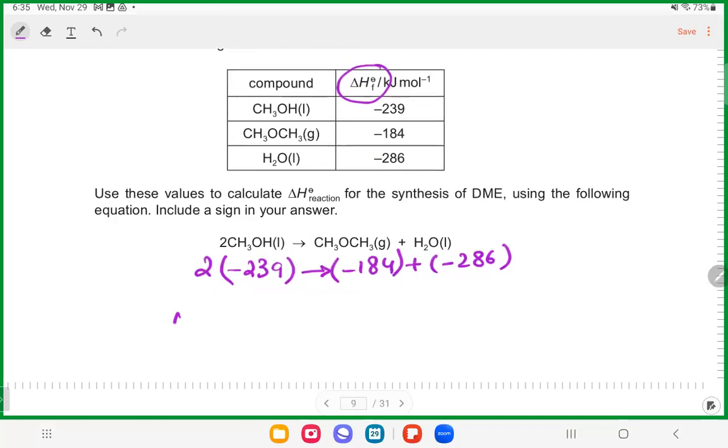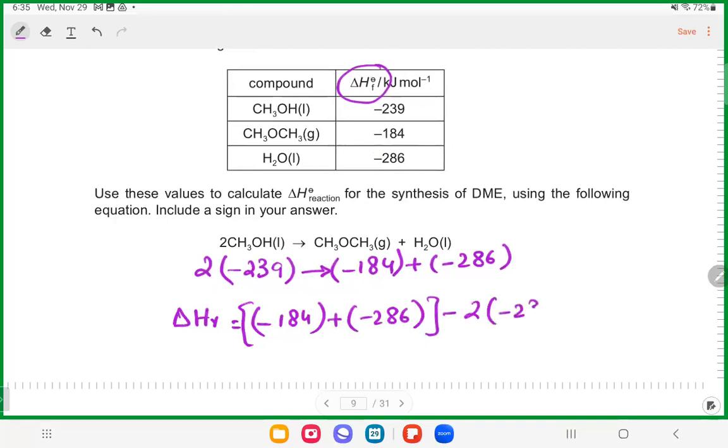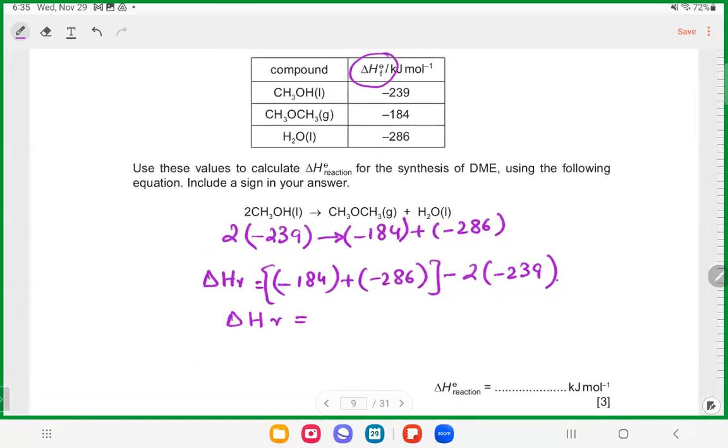Now delta HR, minus 184 plus minus 286, product minus reactant. How much is it coming? Product minus reactant. How much is the answer? What's the answer, beta?